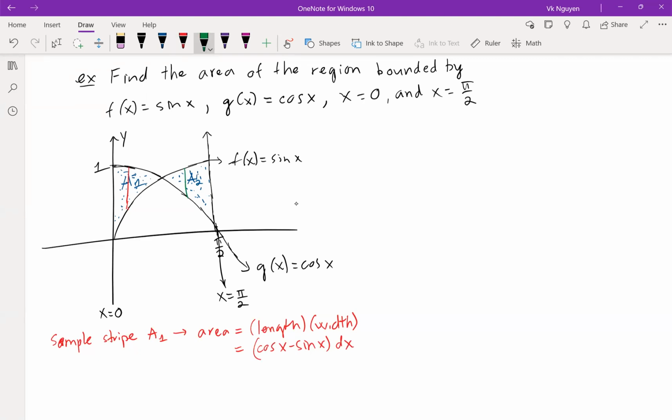Get a sample stripe in A2. It has the area of length and width. The length is, well, the upper function is sine x.